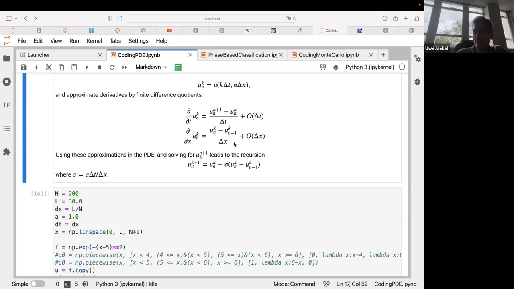So not every scheme that you come up with, not every possibility to approximate a derivative by finite differences, not every choice is equivalent. Sometimes you have to do a lot of analysis to understand it. And this makes the numerical part of partial differential equations a pretty hard subject.